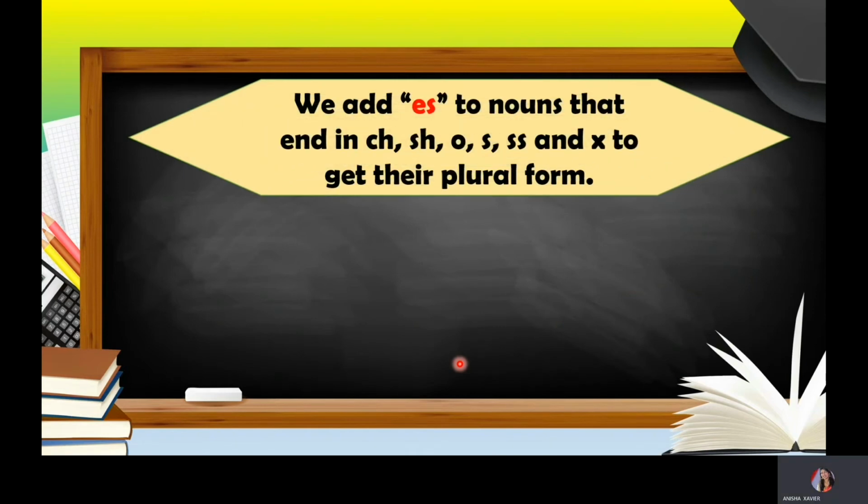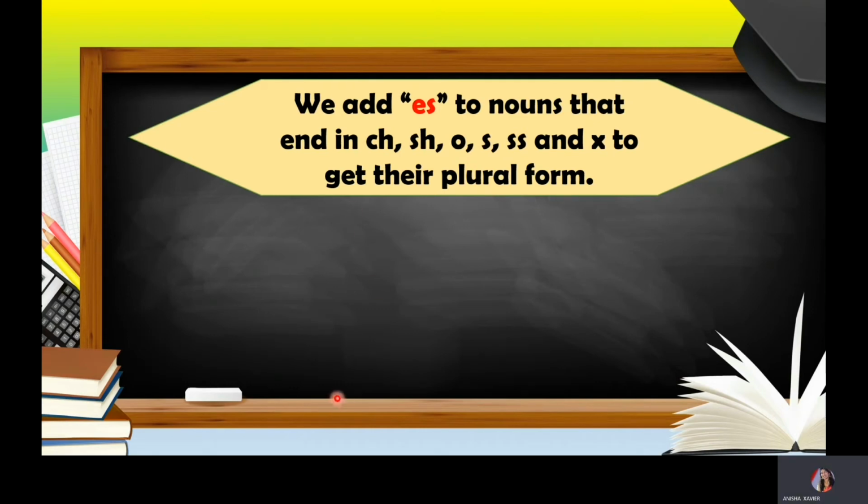Okay, so the next rule is we add es to nouns that end in ch, sh, o, s, double s, and x to get their plural form.